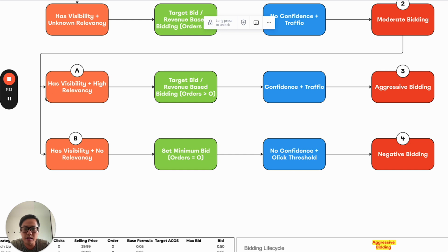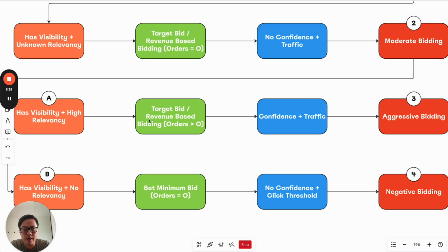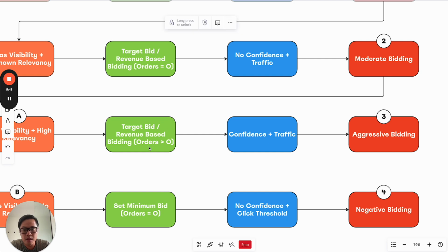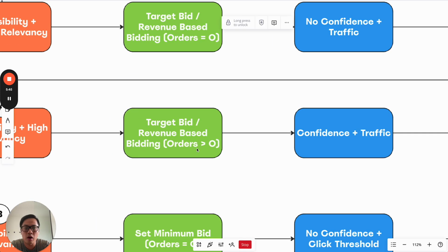And then let's just say it did have visibility and it does have high relevancy. We then are using the exact same formula, but we're actually using the real revenue because this thing might have gotten 2, 3, 4, 5 orders over 10, 15, 20 clicks. So you can calculate revenue, divide that by your clicks, and then multiply that by your desired ACOS.